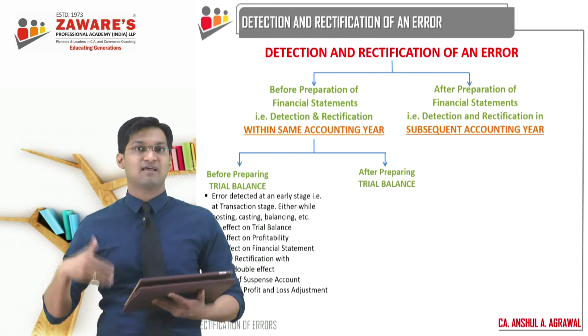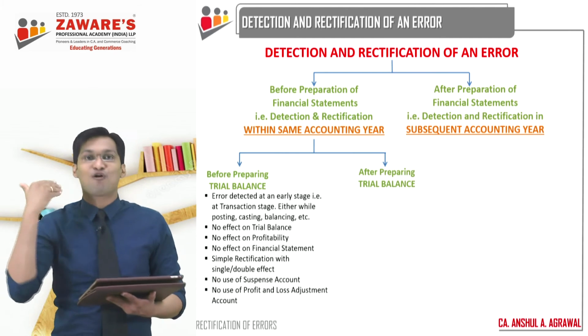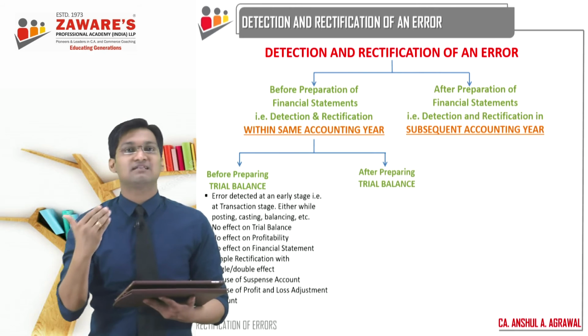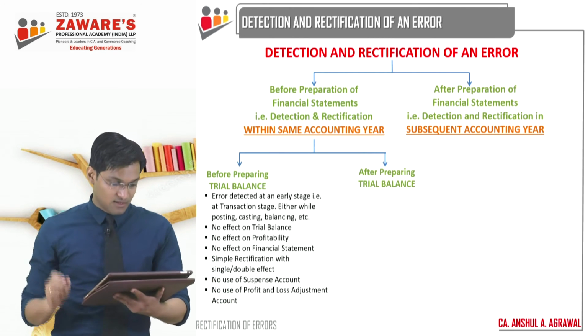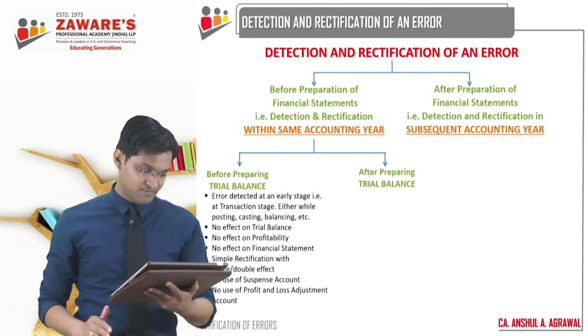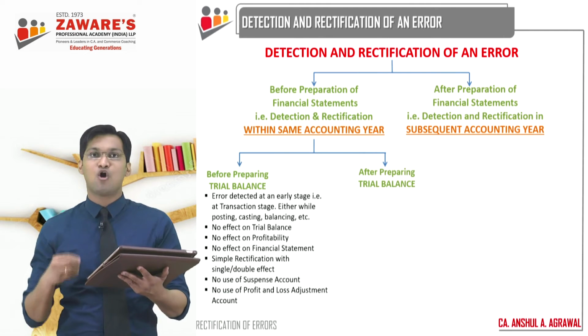So if the trial balance is not prepared, the financial statements are not prepared. If the financial statements are not prepared, the profit is not frozen. That means you can still rectify the error at a very early stage. There's no effect on the trial balance, profitability and financial statements. You can do simple rectification either with single or double effect.